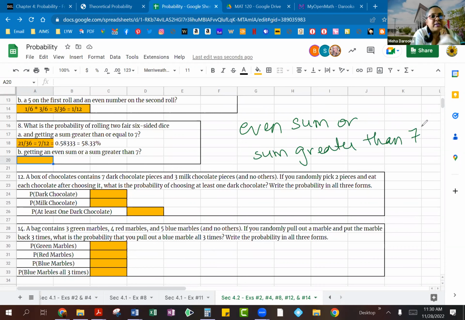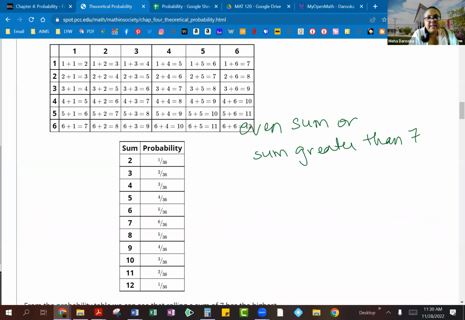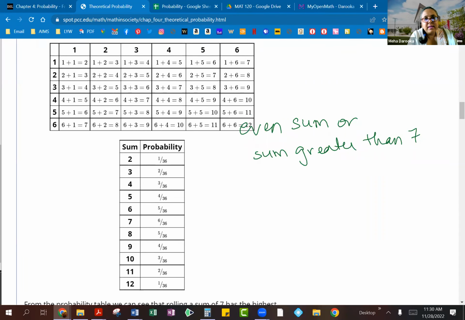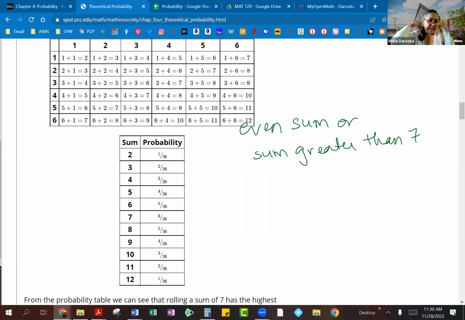So again, we'll go back to our sample space. And what do you think this probability should come out to be? So take a minute or two, look through the options, and let's see what your probability comes out to be. Even sum or sum greater than 7.